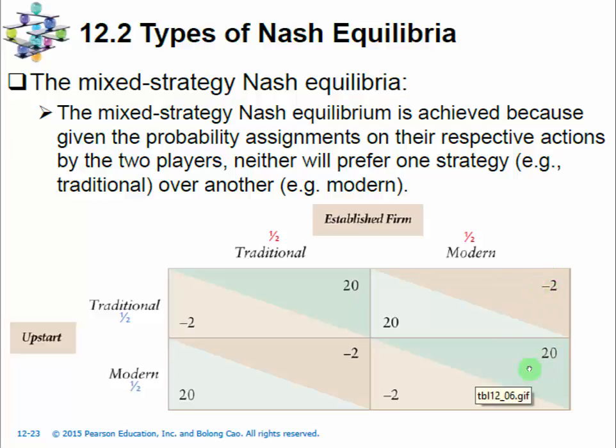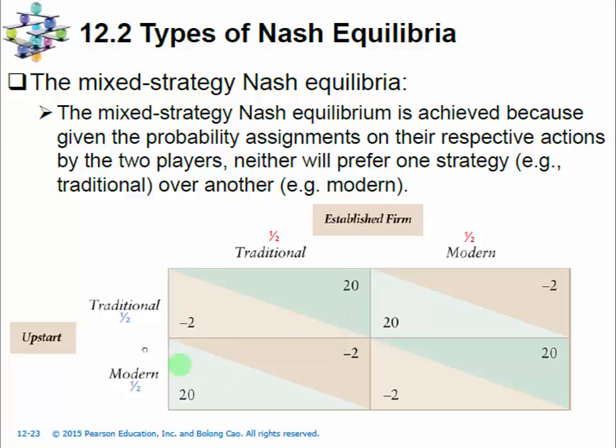So 15 minus 0.5, we get 14.5. If the established firm chooses to play traditional, the expected payoff is 20 times 1/4, that's 5, plus -2 times 3/4, that's -1.5. So it will be 5 minus 1.5, which is 3.5.